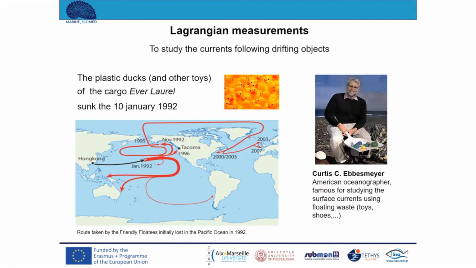A very famous Lagrangian experiment was provided by Curtis Ebbesmeyer, an American oceanographer who studied surface currents using floating waste, and in particular it became famous thanks to the plastic ducks that fell from a cargo ship in 1992. And the destiny of these plastic ducks allowed him to draw this route for the surface current that is summarized in this figure.